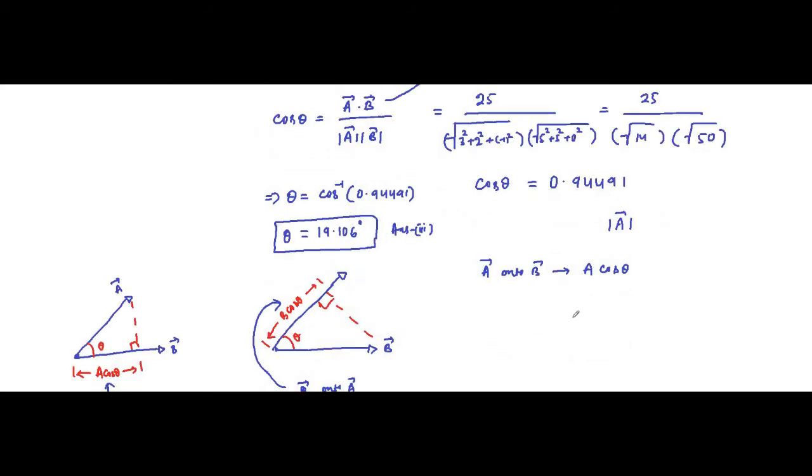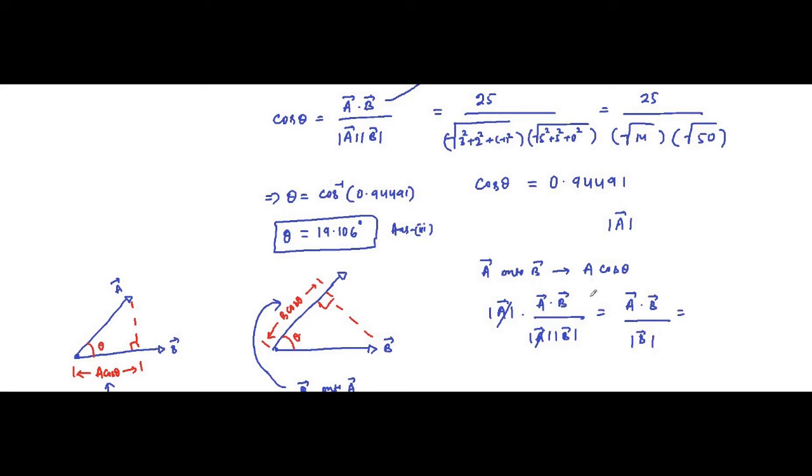So here it will be A multiplied with cos theta, which is A vector dot B vector by A vector modulus B vector modulus. This will get cancelled, so it will be simply A vector dot B vector by B vector modulus.